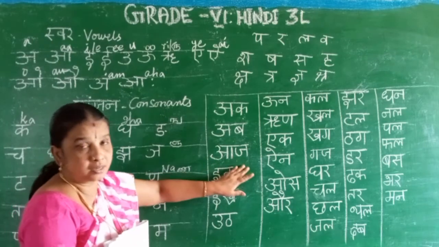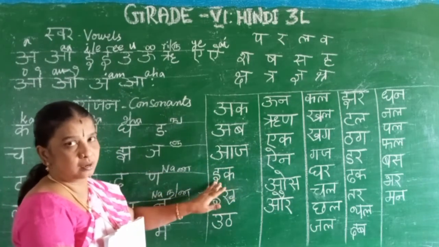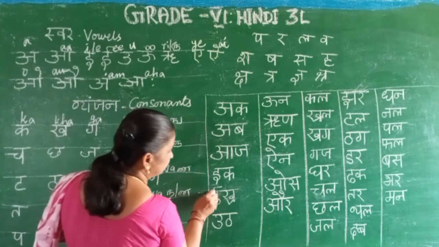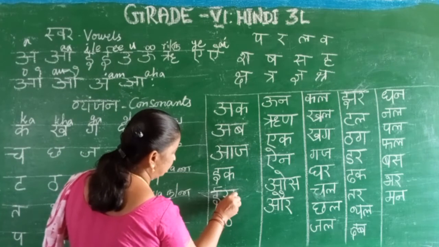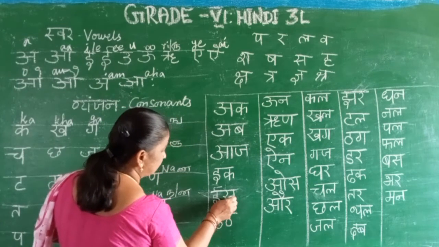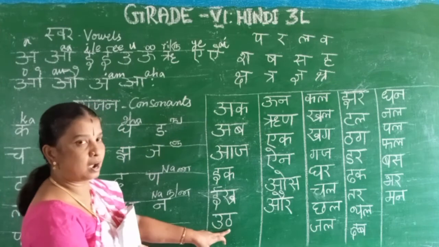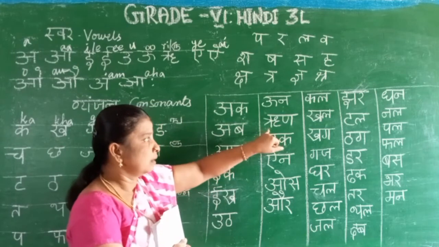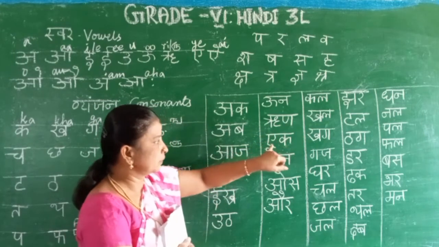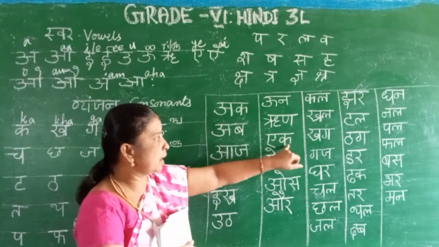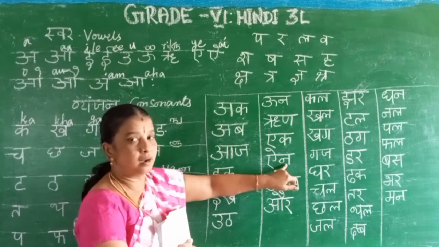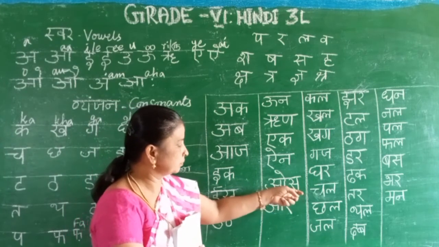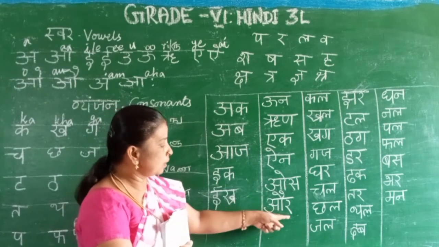Now uta ut, una un, rina rin, eka ek, aina ain, osa os, aura aur.